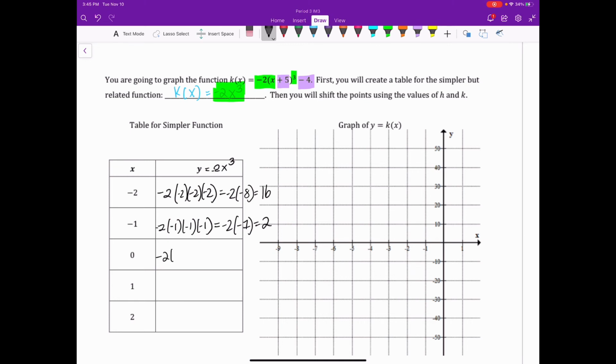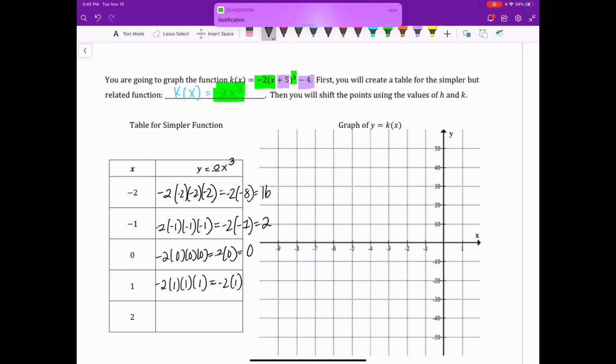And then negative 2, 0 3 times. So that's negative 2 times 0, which is just 0. And then negative 2 and x is 1, so 1 3 times. So negative 2 times 1. And then, sorry, what am I doing? Negative 2 times 1 is negative 2. And then lastly, negative 2 and then x is 2, so 2 3 times. So I end up with negative 2 times positive 8, which is negative 16.